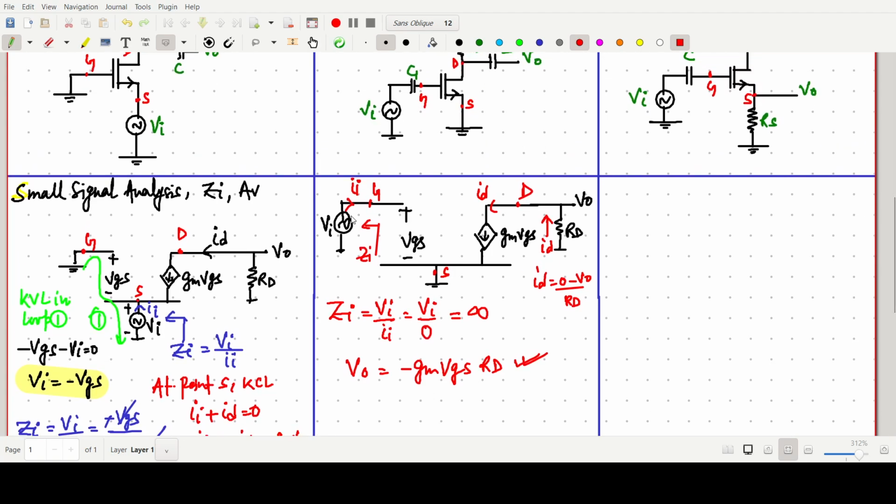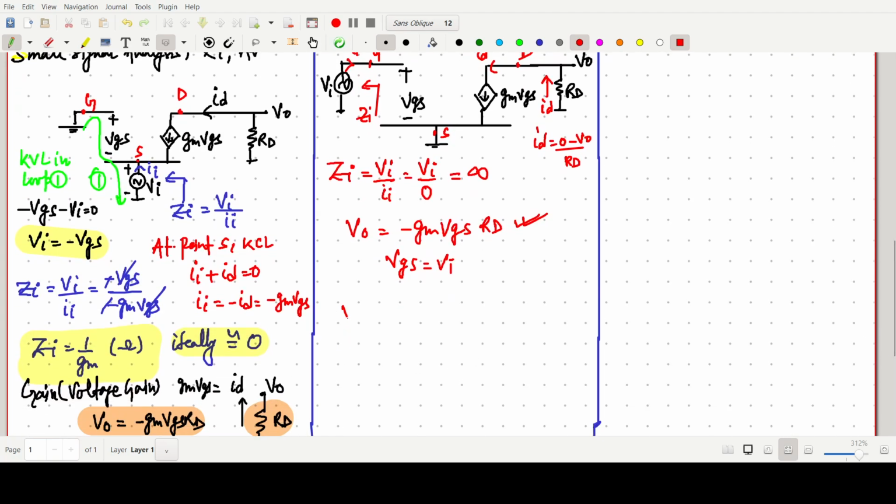Now VGS is nothing but simply Vi. Putting this VGS in the above equation, V naught equals minus gm Vi RD. So V naught by Vi equals minus gm RD.